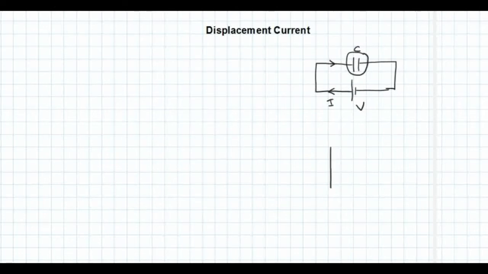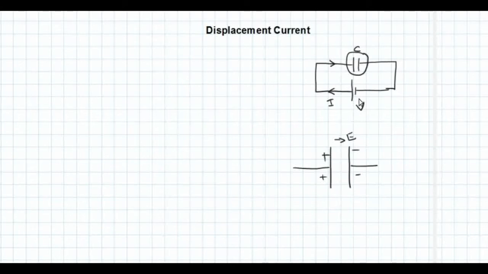So basically there are two types of currents. One is conduction current, the other is displacement current. So this is the capacitor. Now when it is connected to a battery, we know there will be positive charges on one side and negative charges on the other side, and an electric field is set up between the plates.